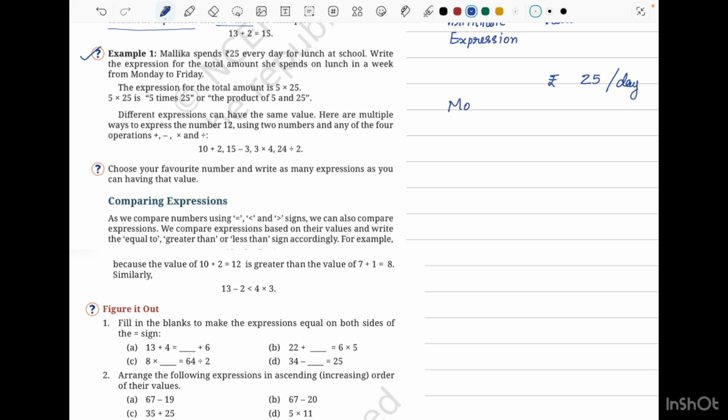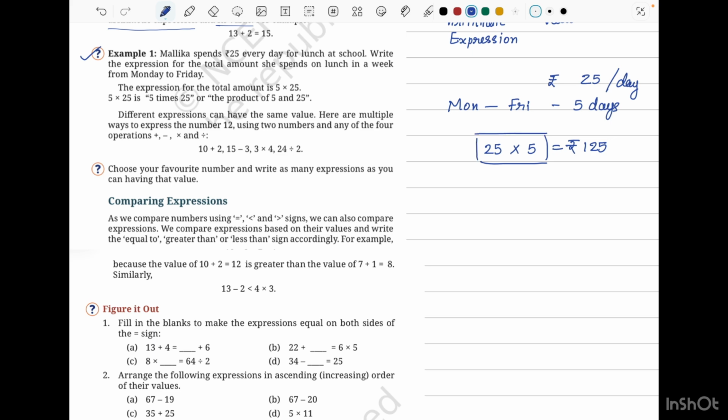Monday to Friday means there are 5 days. So she spent in 5 days, 25 times 5, which is equal to 125. So she spent rupees 125 for 5 days.